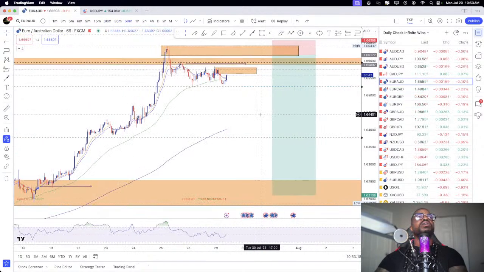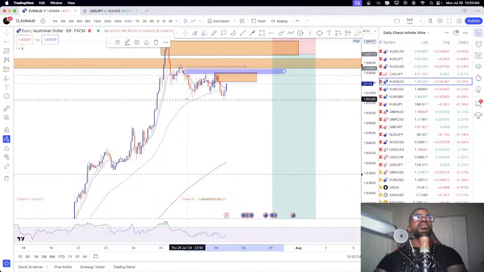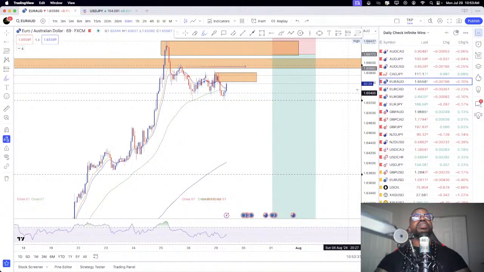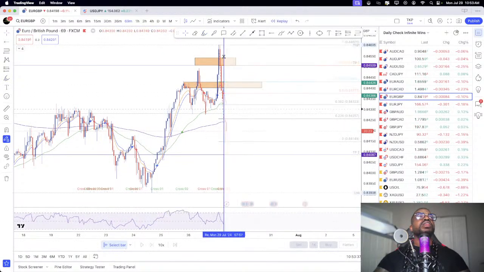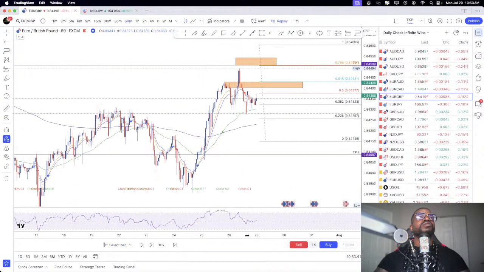Okay, Euro AUD. So I was telling you guys about liquidity being formed when you see price consolidating with those stop losses above it. So TP Sniper just sent me something on Facebook saying that Euro Pound did a liquidity grab. Okay, so I want you guys to see this. Like this is legit. Like I don't just make this stuff up.